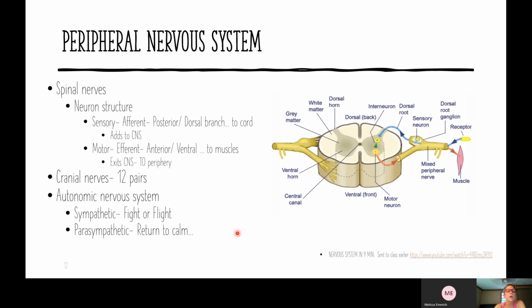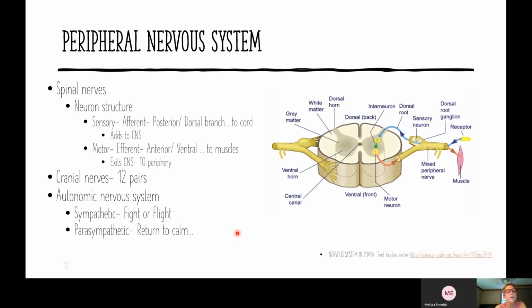As a review, we'll talk about the sensory nerves, which we already discussed briefly when we were talking about medical terminology. I was very impressed with Melissa because she remembered that the afferent nerves are sensory, and they bring the information to the central nervous system.